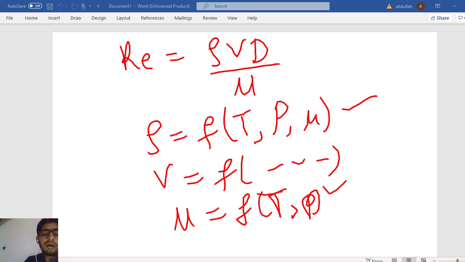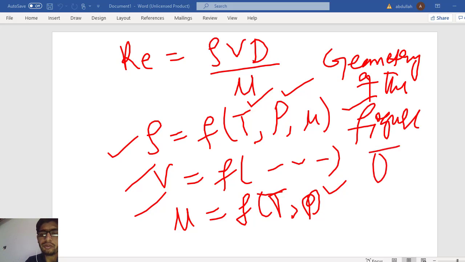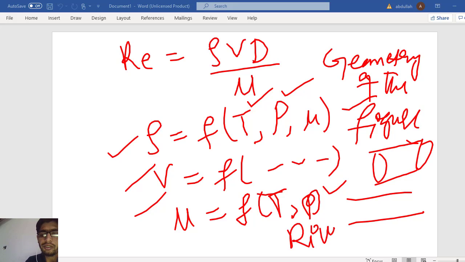So the Reynolds number also depends on temperature, pressure, and the geometry of the figure, whether the fluid is flowing in a circular pipe, or in a duct, or in a river, or in the sea or in a stream.